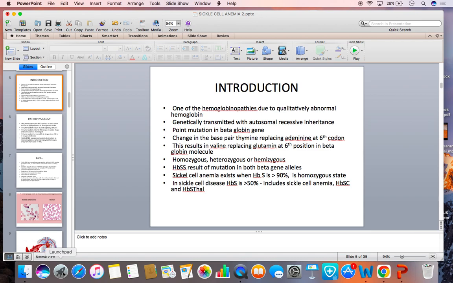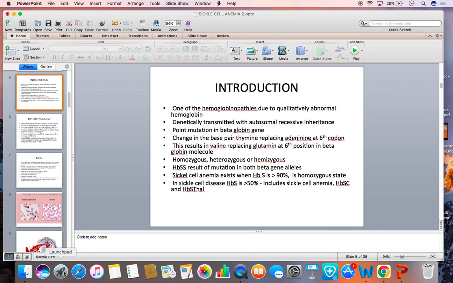Genetically transmitted with autosomal recessive inheritance. That means the individual should get one defective gene from each parent, and the disease manifests in the homozygous state.